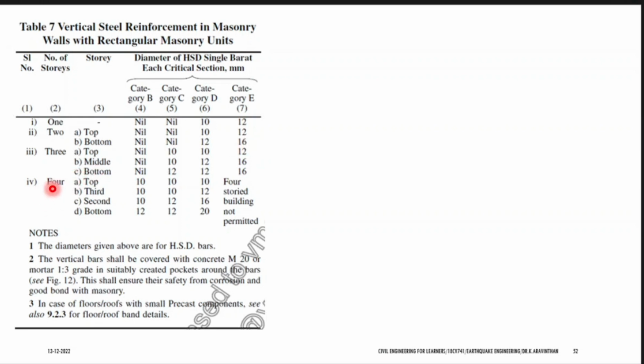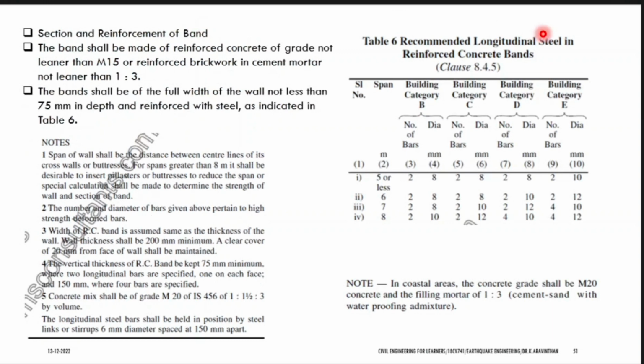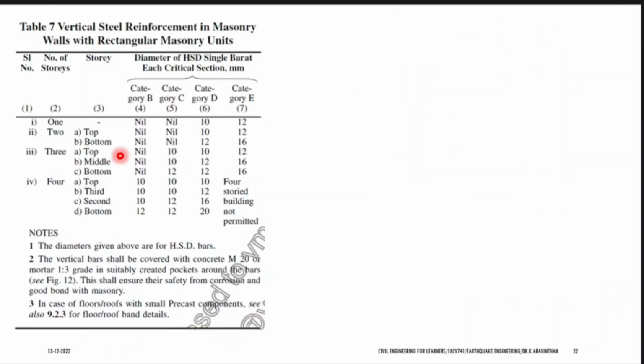If you are having G+4 story, that is 4 story, what should be provided for first story, second, third and top. So they have given with respect to the height. So vertical steel is different and this longitudinal horizontal steel is different. So you can use this number of steel, minimum number of bars and diameter has to be used for constructing the structure.